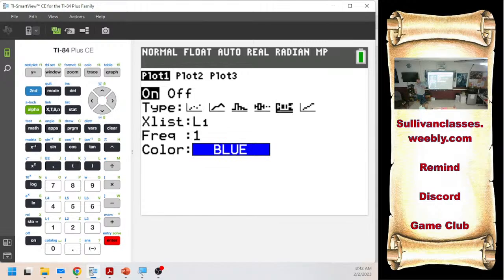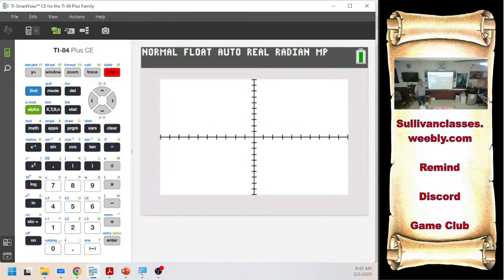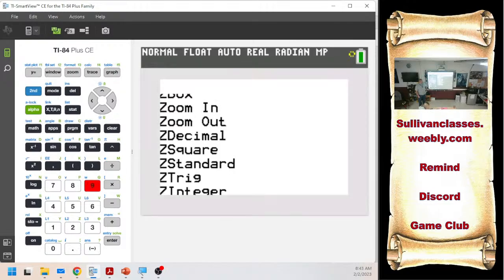Make sure that you're on the regular box and whisker plot, not the one that eliminates outliers. Okay, cool. And I hit graph, and nothing happens. My data was all up in the 30s and 40s, so I either need to manually change my window or zoom to my statistics.